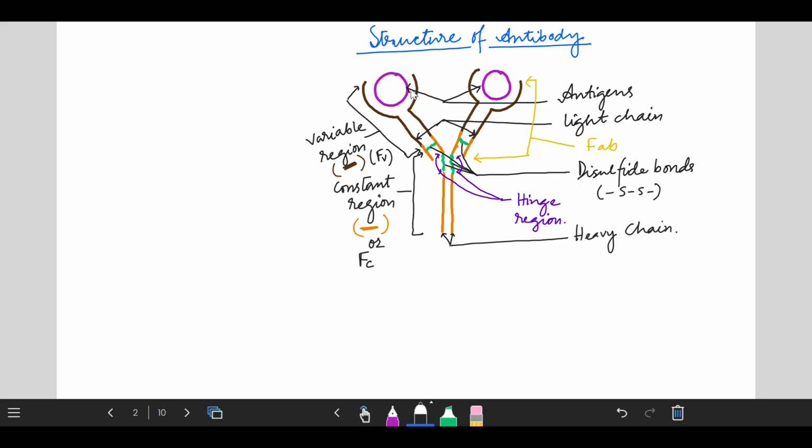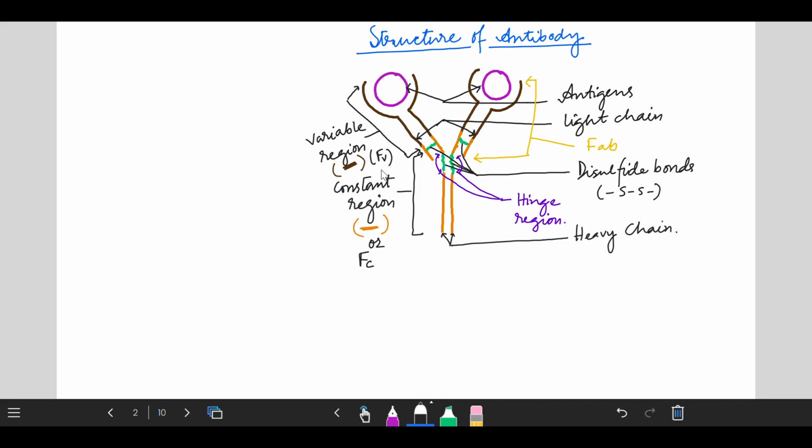And this brown part is known as the variable region, or Fv, from variable fragment sometimes. And the orange part is known as the constant region, or Fc, constant fragment.